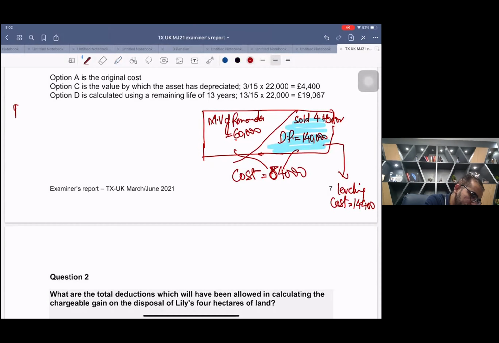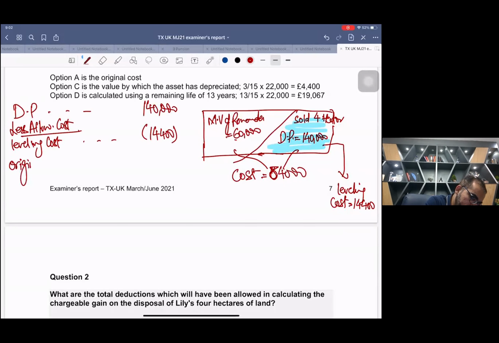So what you will do, you will write the disposal proceeds of the portion sold, 140,000, less allowable cost. First the leveling cost, the complete 14,400, and then the original cost we need to apportion: 84,000 times DP upon DP plus market value of the remainder.